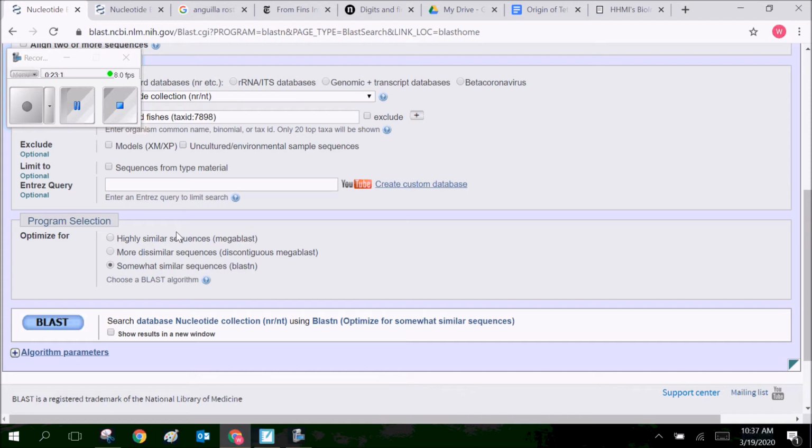If we did that, we'd probably just get back a bunch of similar human genes or similar genes in primates. So we want to go to somewhat similar sequences, blastn, because more dissimilar sequences would be the very dissimilar. So we want somewhat similar sequences, close to, but giving us that evolutionary distance, and we're going to hit blast.